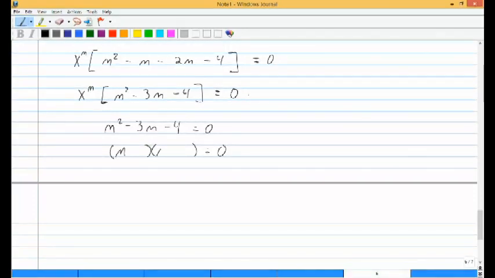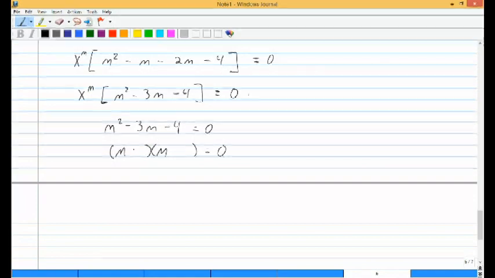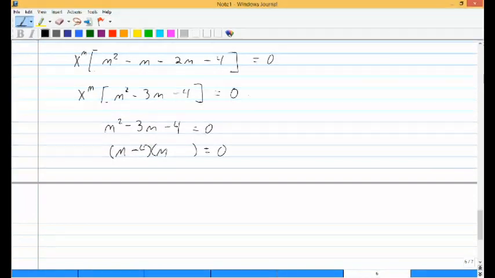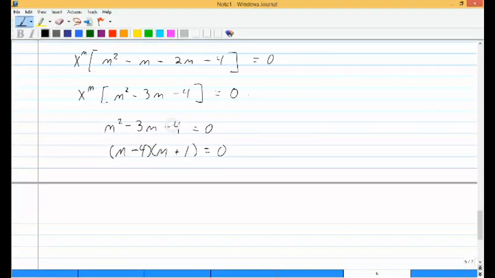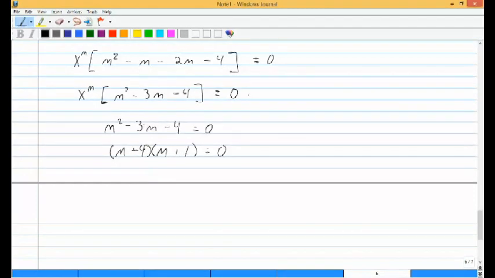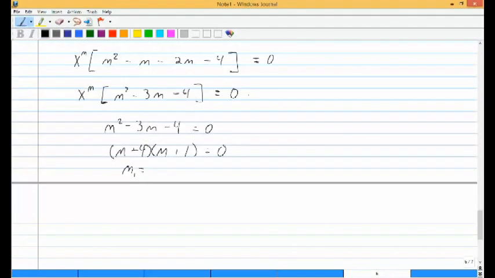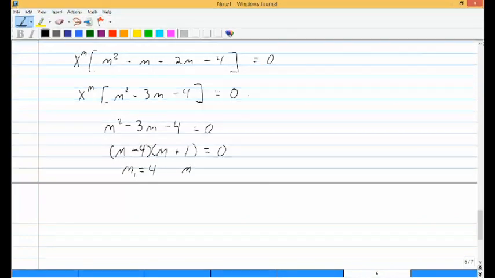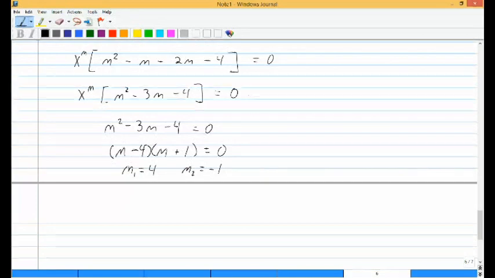So m. So if I have minus 4 and plus 1, that would give me a negative 4 when I multiply the two constants. That will give me a negative 3m in the middle. So I'm going to get m sub 1 equals 4, and m sub 2 equals negative 1. So what does that mean?